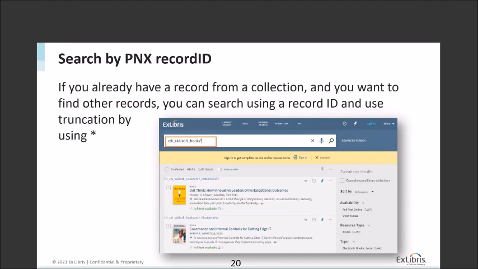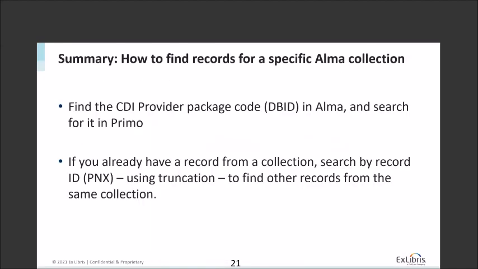So in this case, I'm searching for other records from a record that I found that started with CDI Skillsoft books. This is the start of the record ID that you found. And if you search for the start of that, you will get all the records that start with this particular prefix. So that's another way of finding records for a specific Alma collection.